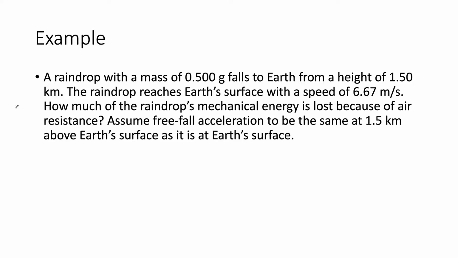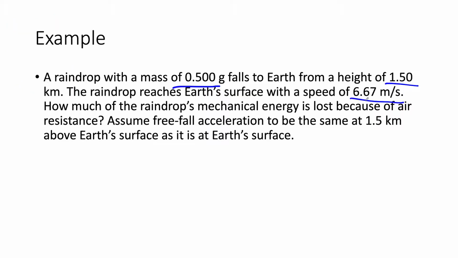Let's go ahead and underline the data. Here's the mass, here's the height, here's a velocity. I think that's it. I'm going to go back and forth between these two slides. Mass is 0.500 grams. This needs to be converted because we need it in kilograms. Distance is 1.5 kilometers.